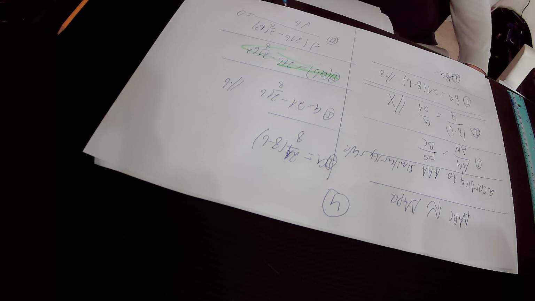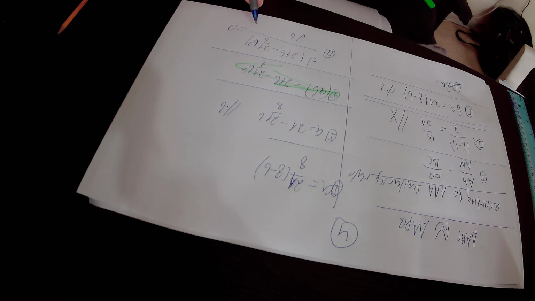That is to say, the derivative of 21b is 21, minus the derivative of this expression 21 over 8 times b squared. So it's actually minus 21 over 8, and the derivative of b squared is 2b. So in total, the derivative of minus 21 over 8 b squared equals minus 21 over 8 times 2b.